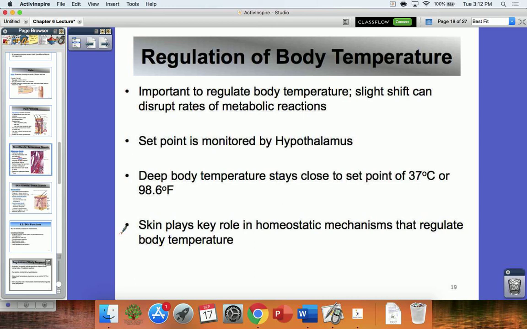It has to be controlled by a set point in the hypothalamus. And this is what regulates that homeostatic mechanism. So the hypothalamus decides, oh, we're too hot or we're too cold, so that we can stay at 98.6 degrees. And depending on how hot or cold we are, it will adjust accordingly.